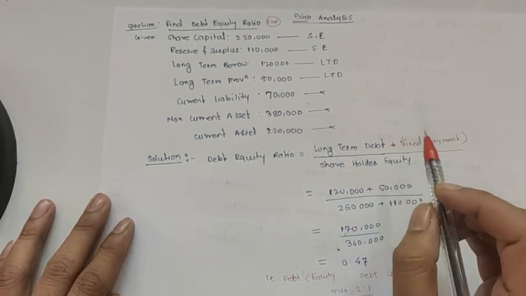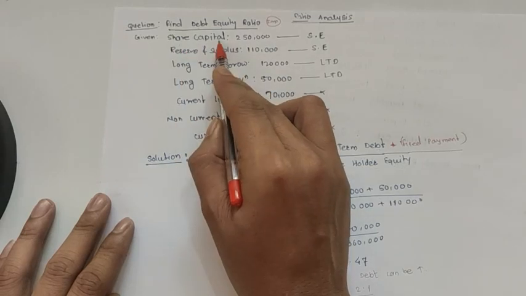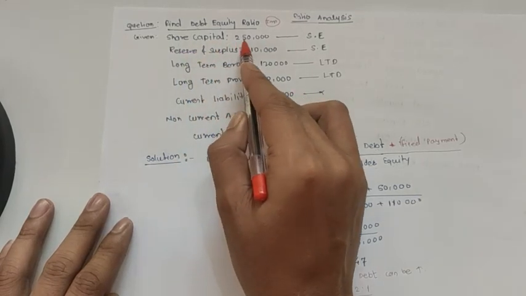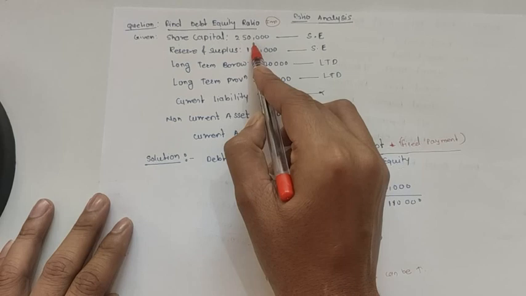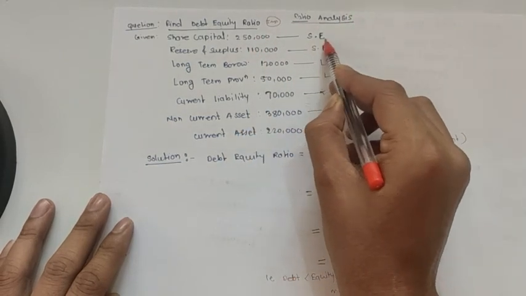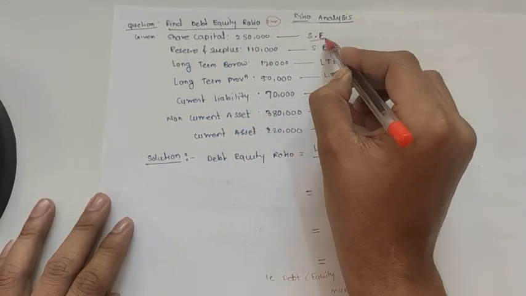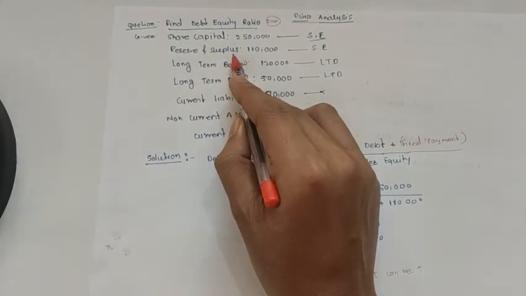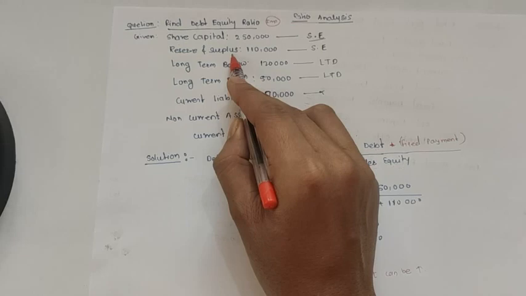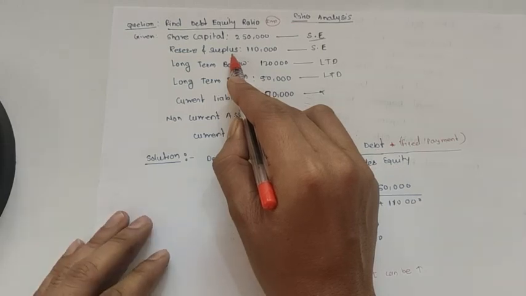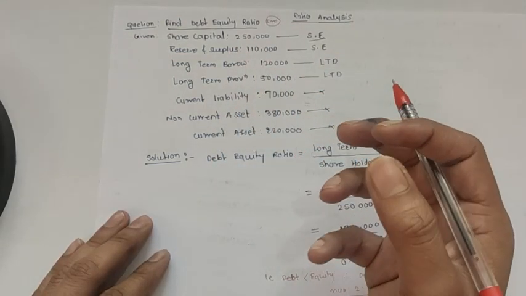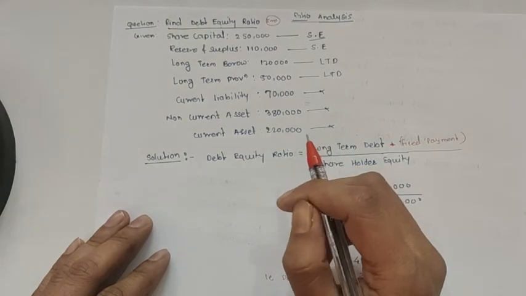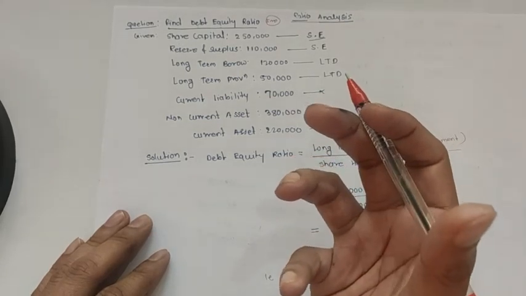So friends, they have given share capital, 2,50,000. It is part of the shareholder equity. Reserve and surplus, what is reserve and surplus, friends? All the earnings of a company are accumulated at one place, and that is nothing but your reserve and surplus.